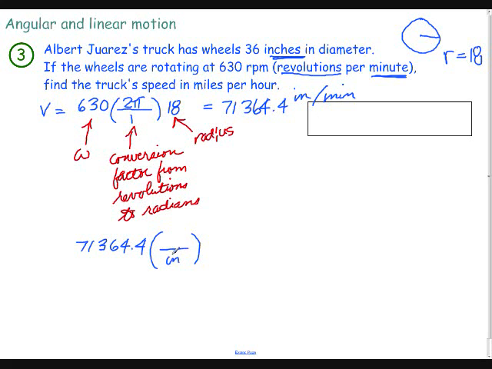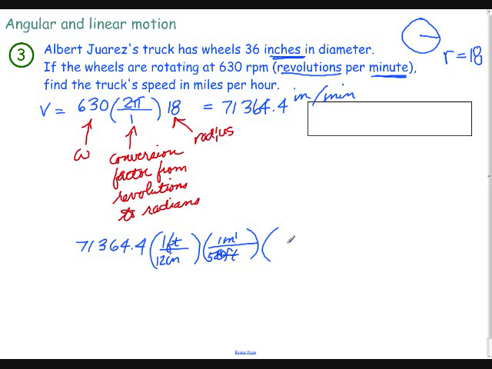From inches to feet, so that would be 12 down here, wouldn't it? And a 1 up here. And then from feet to miles.